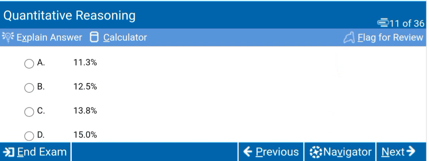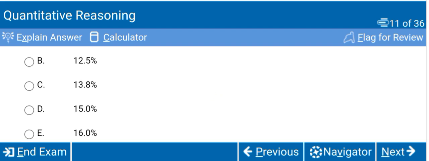Option A, 11.3%, option B, 12.5%, option C, 13.8%, option D, 15.0%, and option E, 16.0%.